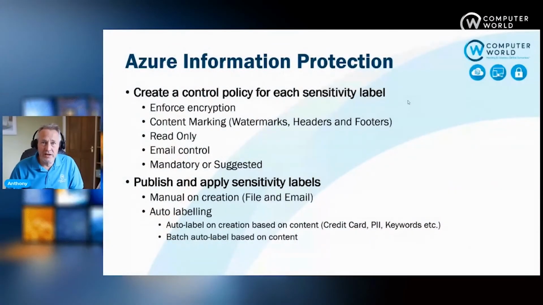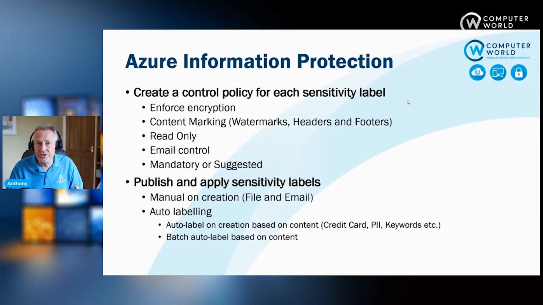The next thing that we need to do is think about each of those categories and create a control policy for each of those sensitivity labels and decide what we need to do in that circumstance. If it's a highly confidential one, then we're liable to enforce encryption and put a lot of control over who can access those documents, which groups of people, and we're liable to make sure that information like that has got mandatory control on it.